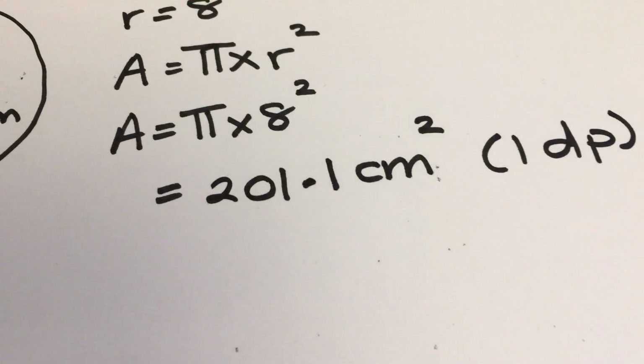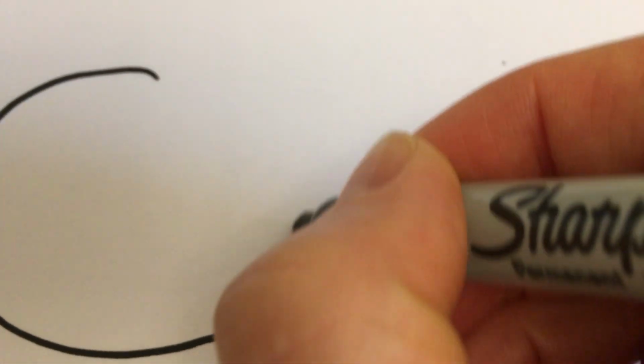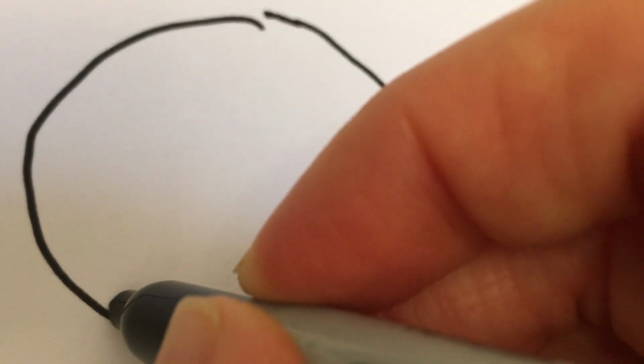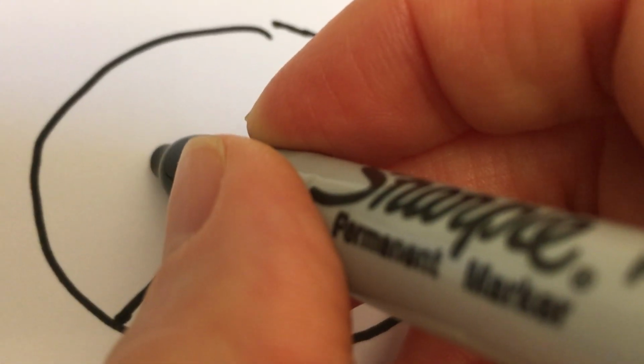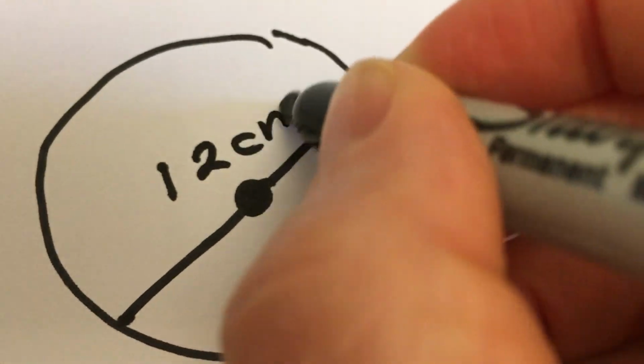Now sometimes, and this is what you've got to be careful about, you won't be given the radius. Sometimes you'll be given the diameter. Say the diameter is 12 centimetres.